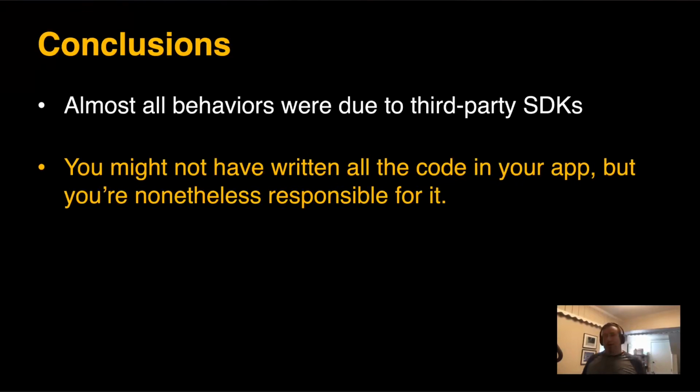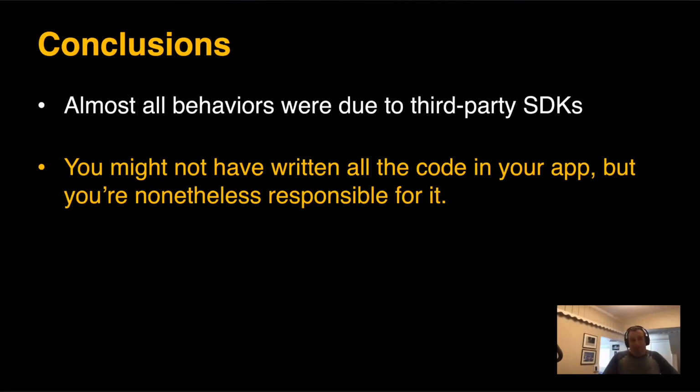And so all of these behaviors that are circumventing the permission system were due to the use of third-party SDKs. The real takeaway here is in many of these cases, it's likely that the developers had no idea that not only were their apps violating Google's policies for use of certain types of user data, but they probably had no idea that any of this was occurring. But nonetheless, these app developers are still liable for it because it's code that they chose to bundle in their apps.